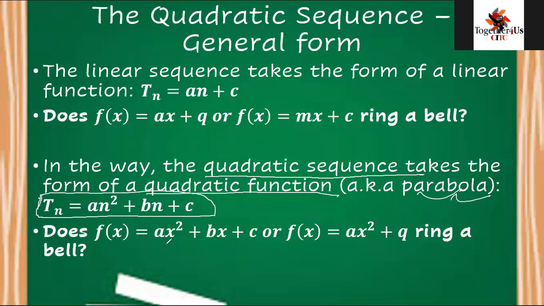And I hope you can also see the resemblance in the quadratic function, whether it is this form or that form. You should just note that in this form here, b is actually 0. That's why we don't have the term that has x. Okay, that's all you have to note here.